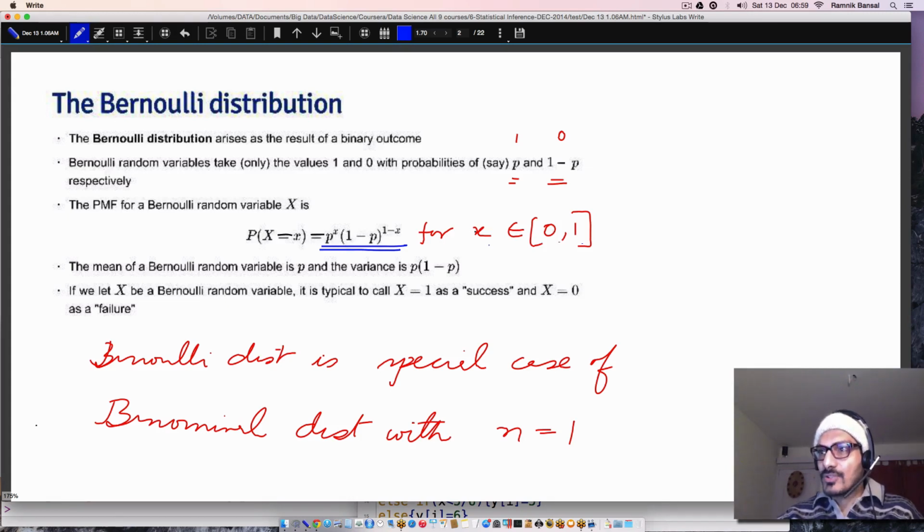And if x is equal to 0, then it becomes p raised to 0 into 1 minus p raised to 1, which is effectively 1 minus p, right? So basically this is the same as p and 1 minus p for x is equal to 1 and x is equal to 0.